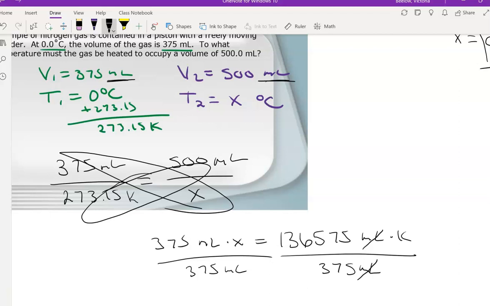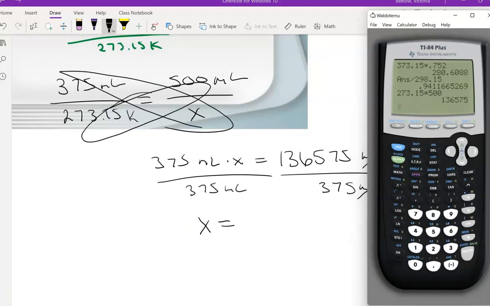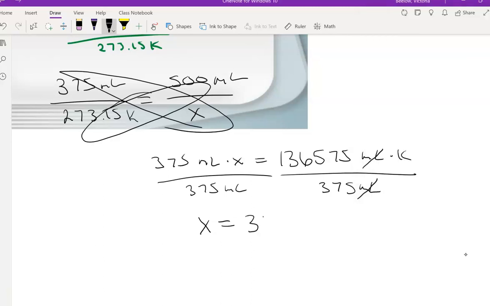So milliliters will cancel. So right now for my answer, whenever you're using these equations, you always have to plug in Kelvin into the equation for temperature. So right now this answer, 364.2, is in Kelvin.